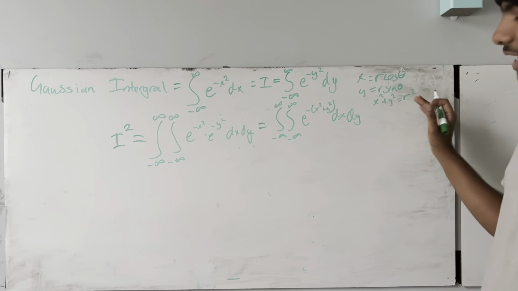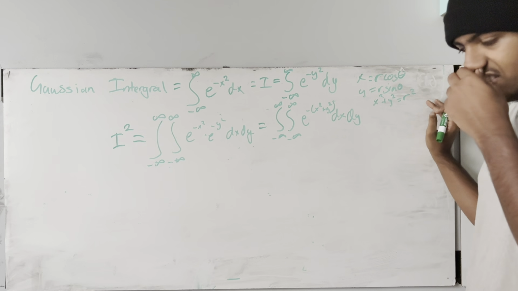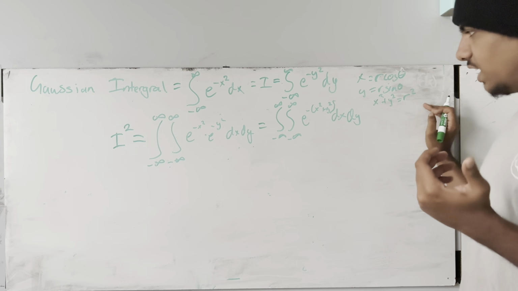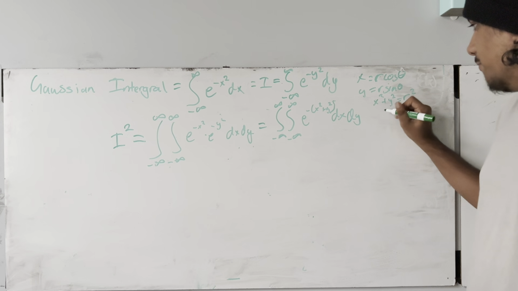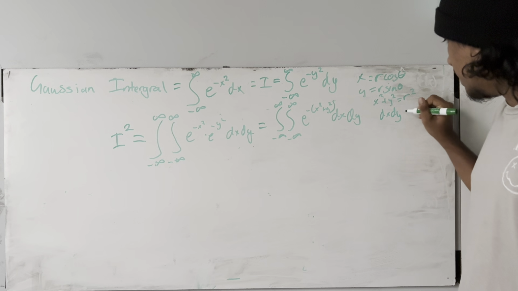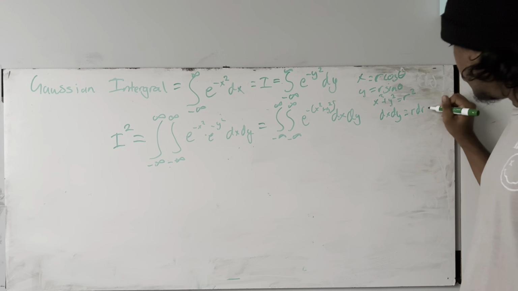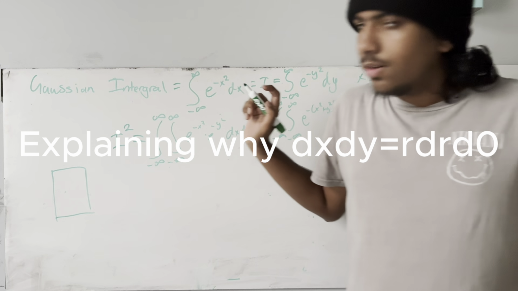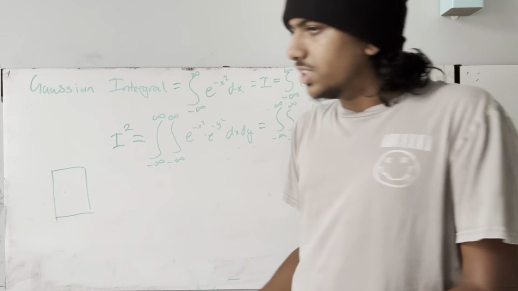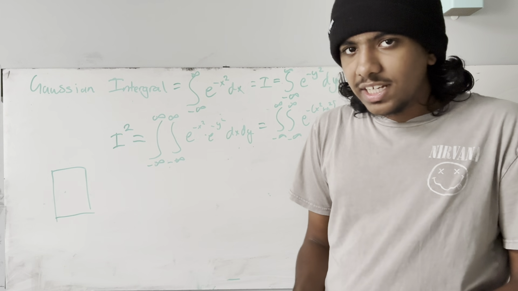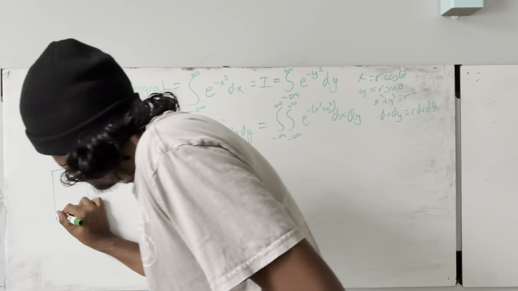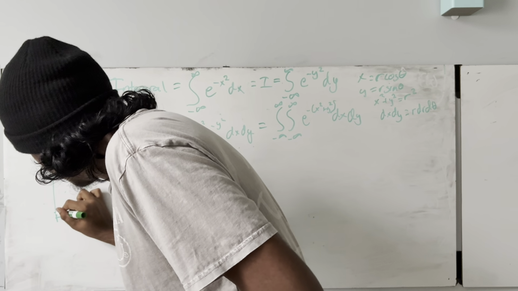Now, if you haven't taken calc 3 before, you kind of have to just take a leap of faith with me when I say dx dy equals r dr d theta, and let's say we want to find what dx dy equals. And what is dx dy? Well, that's small changes in the x direction, small changes in the y direction.